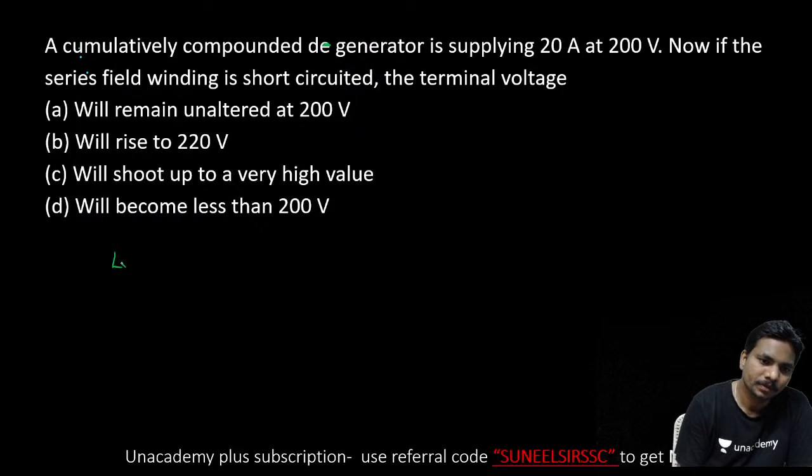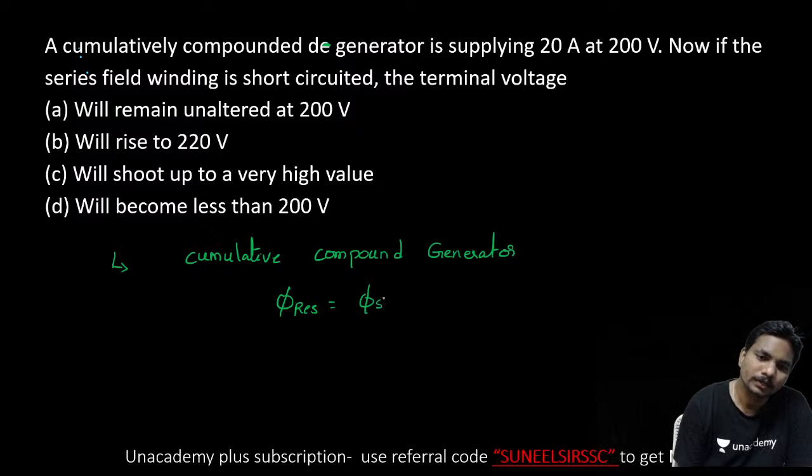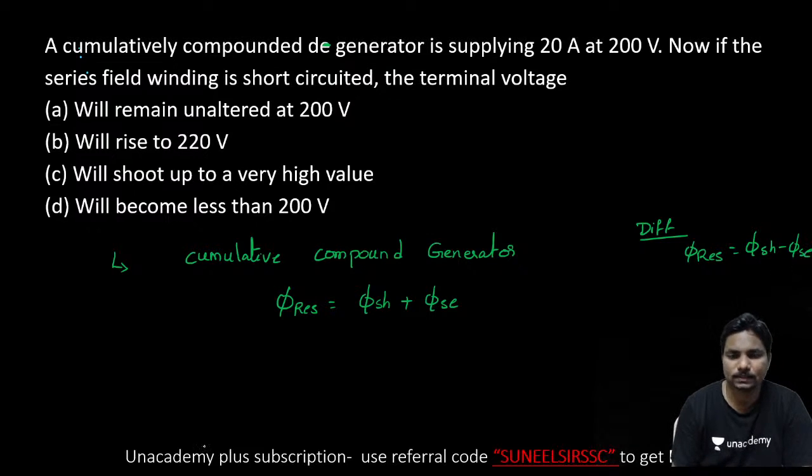Try to understand. In case of a cumulative compound generator, the resultant flux is nothing but shunt field flux plus series field flux. In case of differential, resultant flux is equal to shunt field flux minus series field flux.